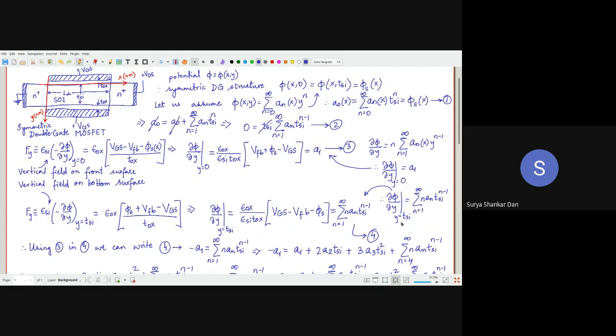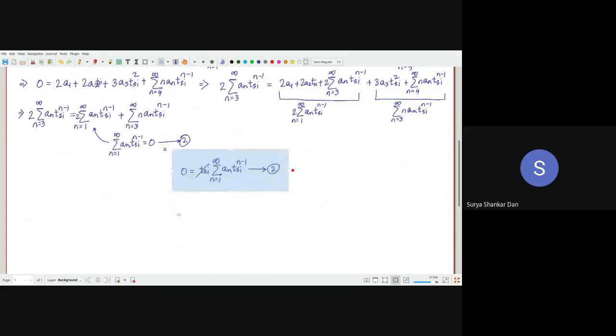Just check. Let me just copy this, it will be easier. Summation n equal to 1 to infinity a_n tsi to the power of n minus 1 is equal to 0. Got it? So if this is equal to 0, then we can simply cut this out.